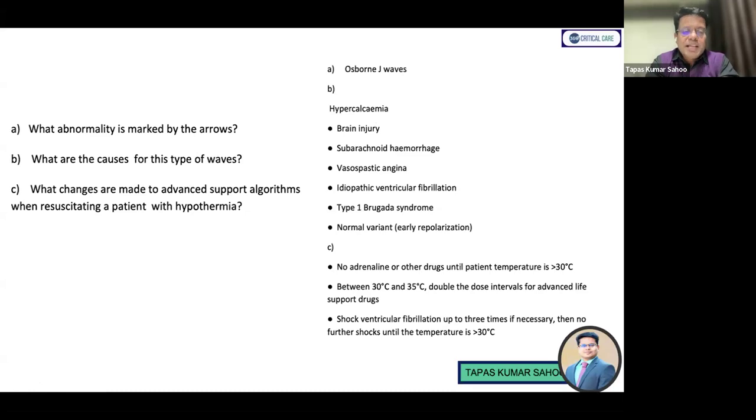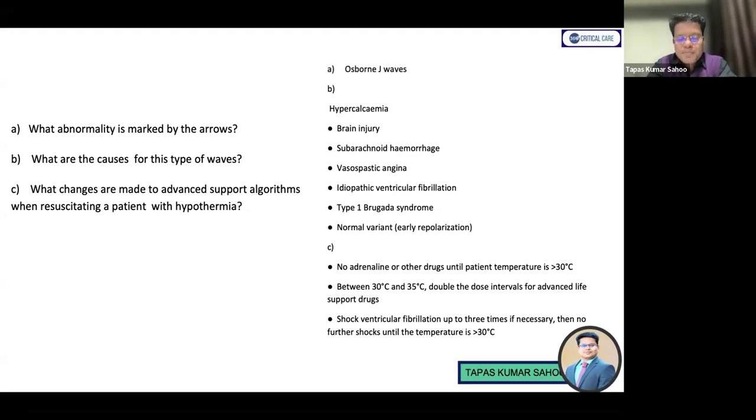Now, some of the changes in the usual pattern of our advanced life support algorithm. In case of hypothermia, no adrenaline or other drugs until the patient's temperature is more than 30 degrees centigrade. You have to remember, between 30 to 35 degrees centigrade, double the dose interval for advanced life support drugs.